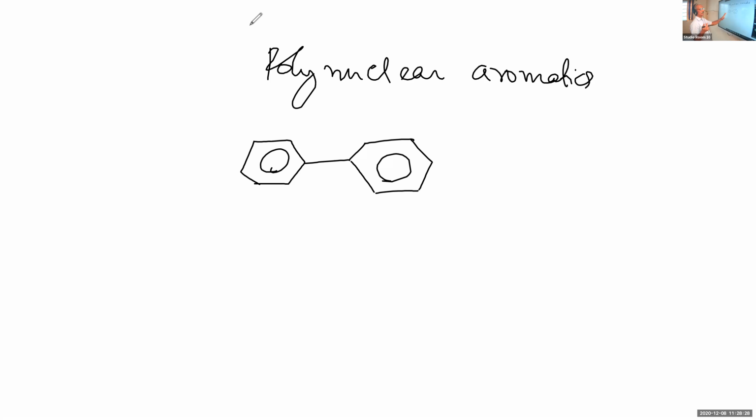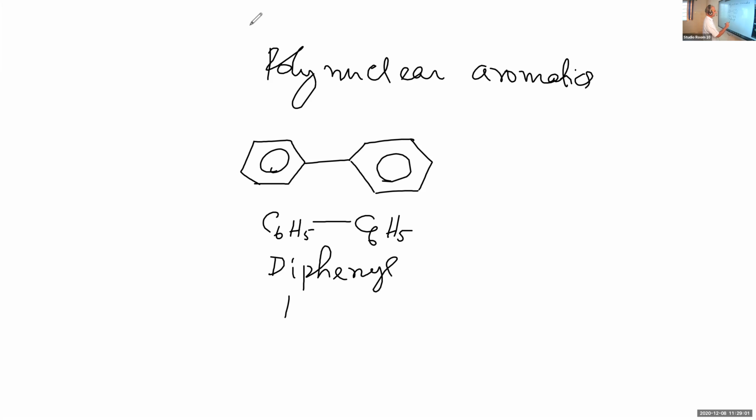The C6H5 group is called a phenyl group. Here there are two phenyl groups joined together by a covalent bond, and this is called diphenyl or biphenyl.